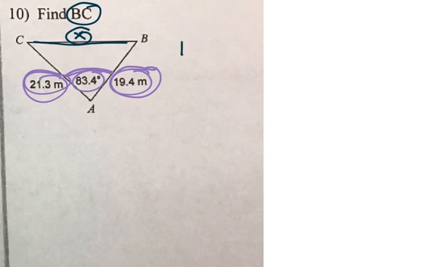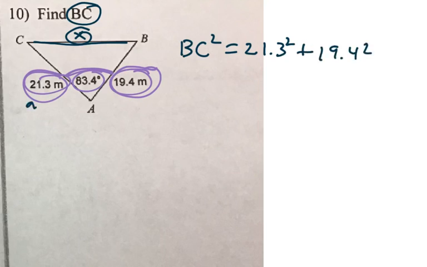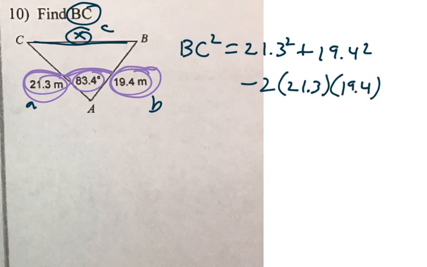See, I know BC squared, according to the law of cosines, is going to be basically a squared plus b squared. In other words, I'm going to call this AB, and this will be my C. Okay? And I'm going to minus 2 times the a times the b times the cosine of theta, which is the angle between them, which is 83.4 degrees.